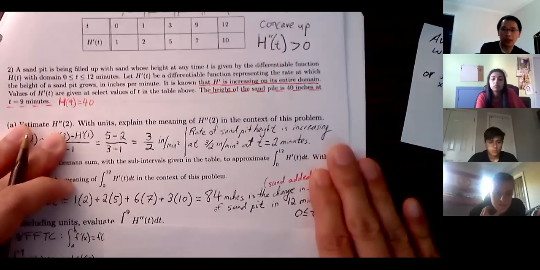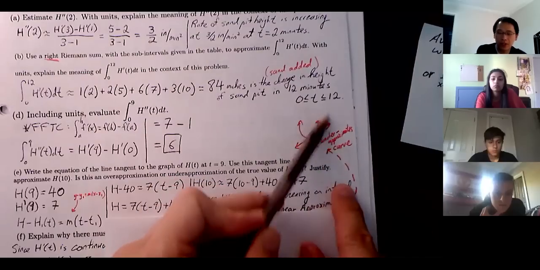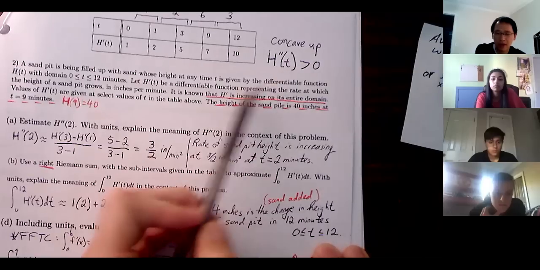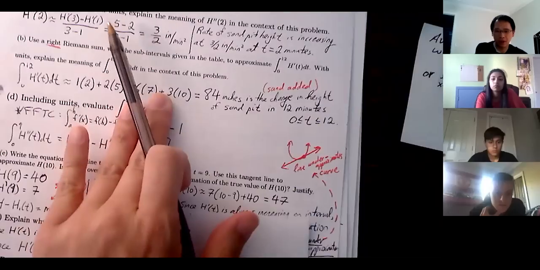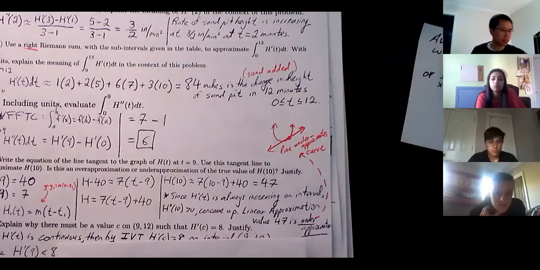Now, let's see what that means. So the graph is concave up throughout the entire domain. It's not stating it, it's giving us some hints, and we have to make that jump ourselves. But if this graph of h of t, okay, let me label this h of t. I'm just giving us a visual here, right?